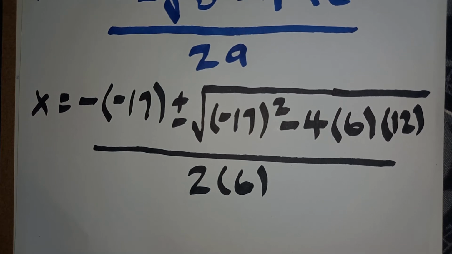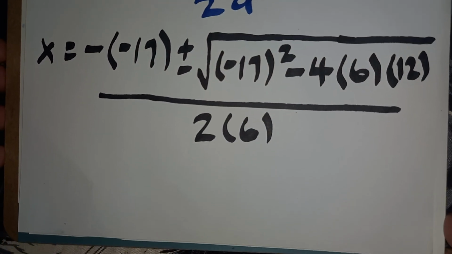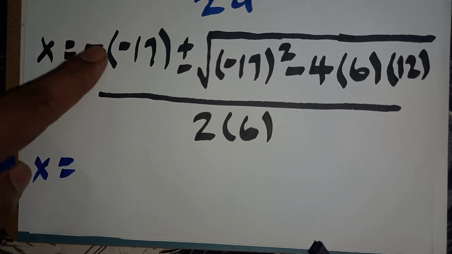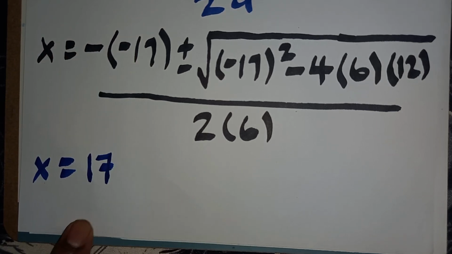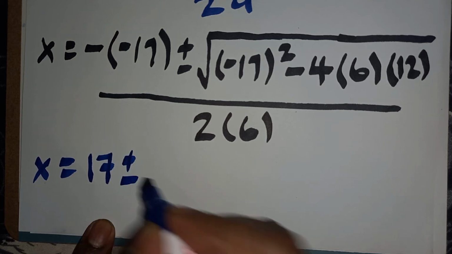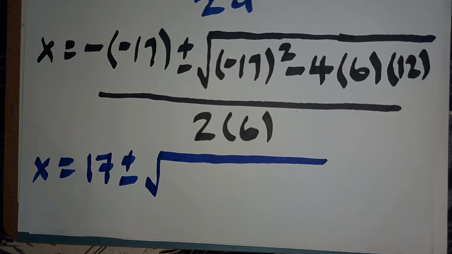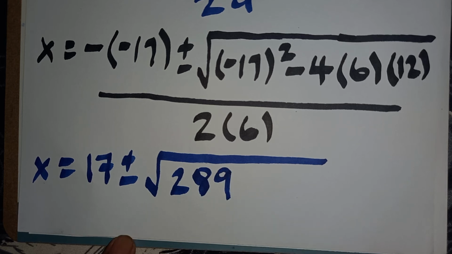The thing left is to evaluate that. Okay, all right, so we have our x is equal to negative will become positive, so this will become positive 17, plus and minus the square root of 17 squared, which will be 289, right?